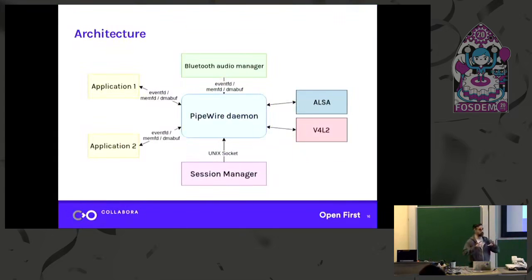There is a PipeWire daemon that basically handles all the media routing between applications and devices. Everything is a different process, so you can have applications sending data through memfd or DMA-BUF to PipeWire, or capturing data. And then you can have devices either accessed directly through a plugin to connect, let's say, to ALSA or to Video for Linux.